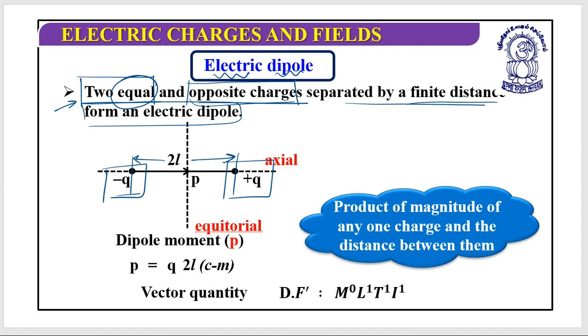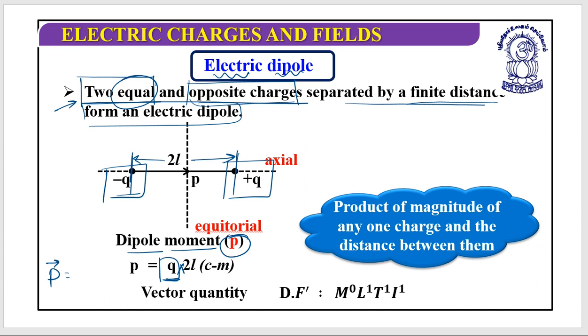Now let's define one more term: the dipole moment, which we denote as p, and it is a vector quantity. Dipole moment is the magnitude of any one charge, q, multiplied by the separation between the two charges. So p is equal to q into 2l.